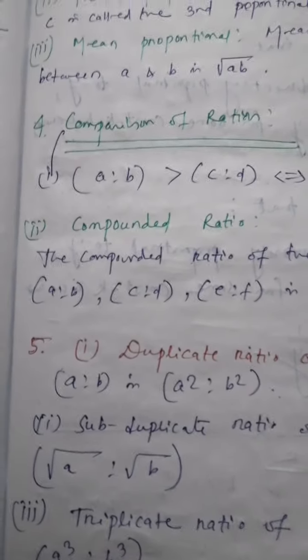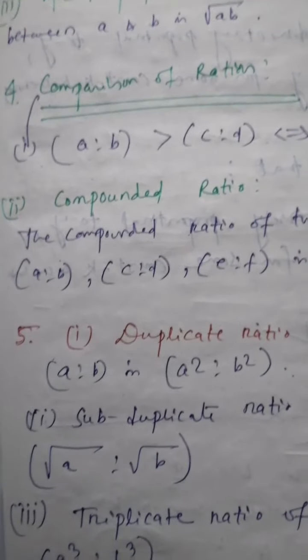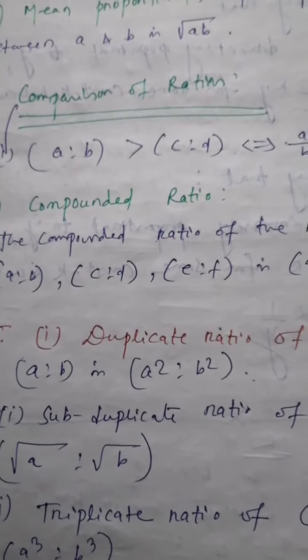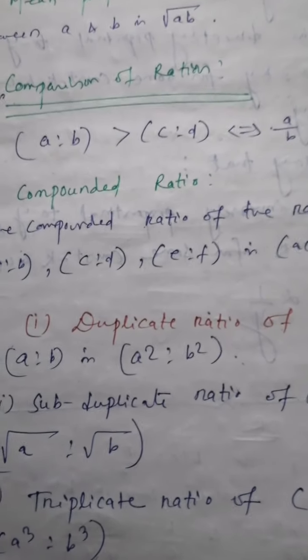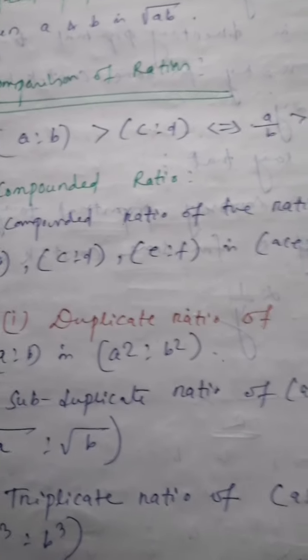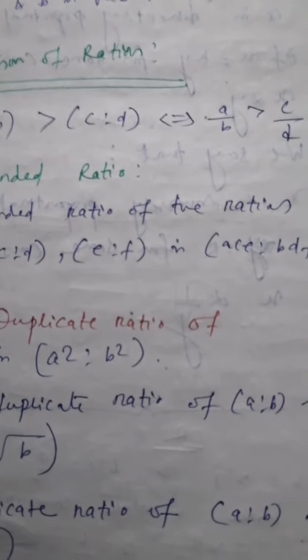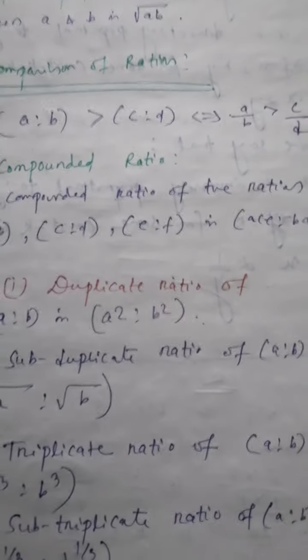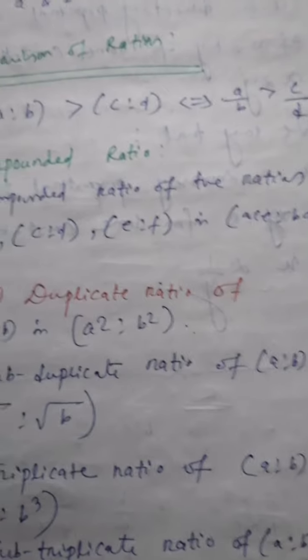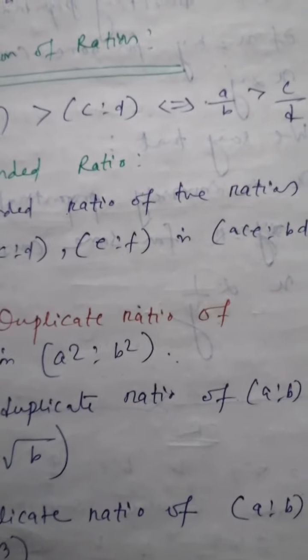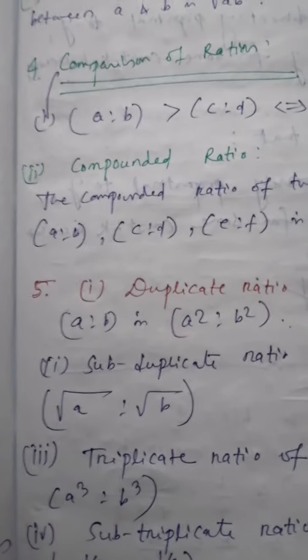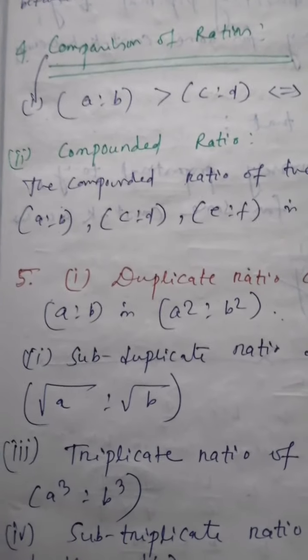Next we go to point number 4, which is about comparison of ratios. A is to B is greater than C is to D implies A by B is greater than C by D. This is just a conversion of the ratio to the fractional form, nothing else. Fine. Next one is compounded ratio.